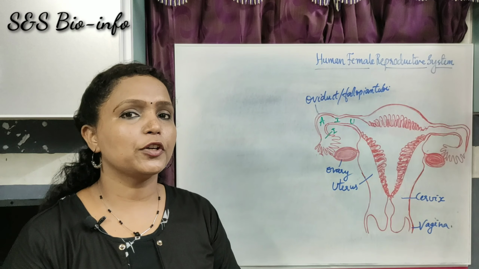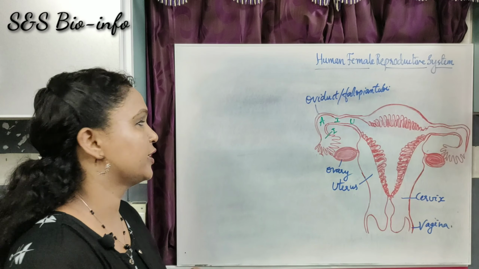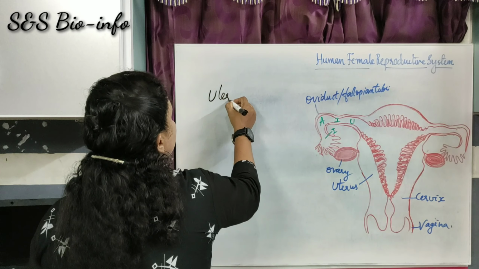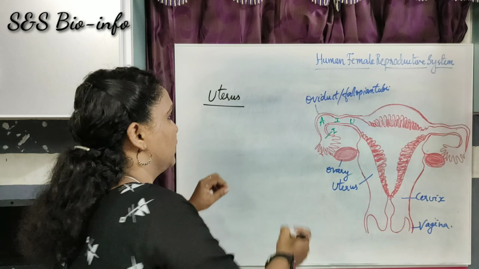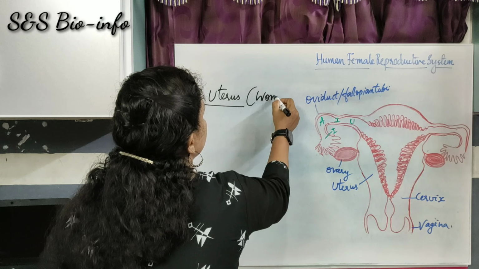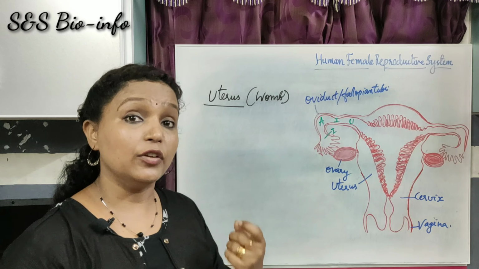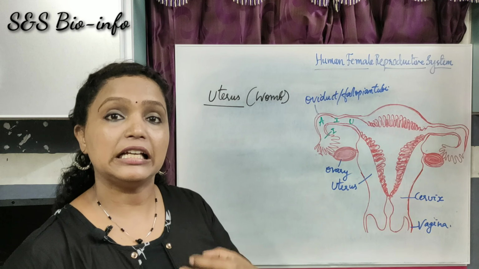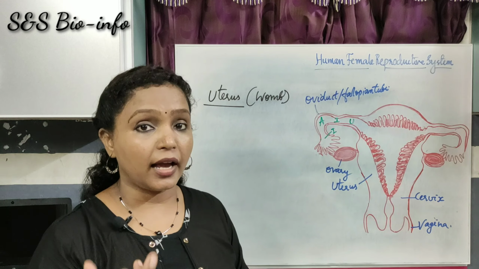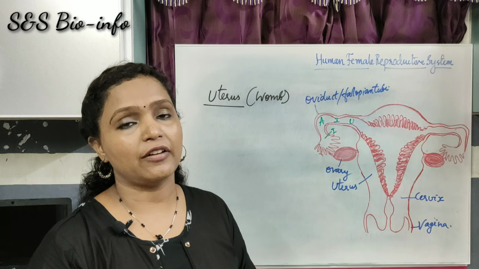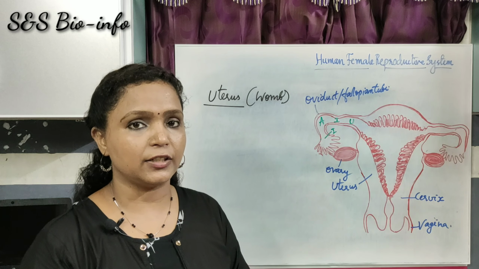The next part of the accessory duct is the uterus. Uterus is also known as womb. It is an inverted, pear-shaped, elastic bag-like structure which is specialized for anchoring and nourishing the developing fetus inside it.